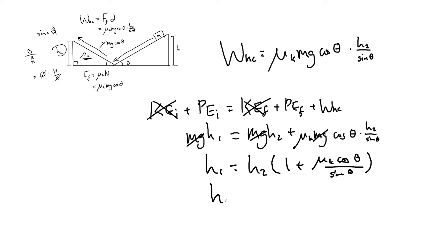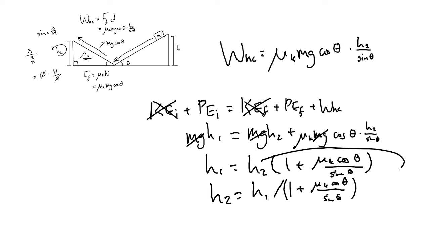We can redo this as h2 is equal to h1 divided by 1 plus mu k cosine theta over sine theta, because we can just divide both sides by this whole thing, and then we get h2 on its own. So that seems like a good answer.